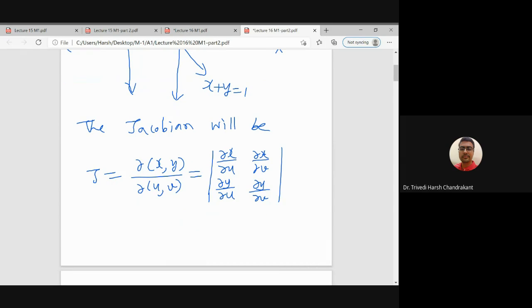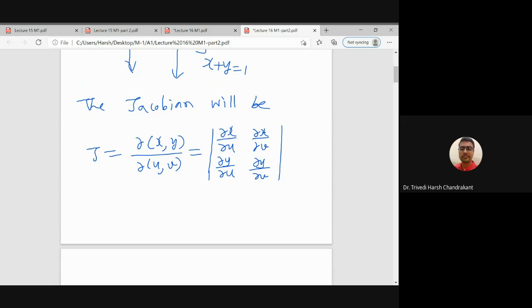So this is a 2 cross 2 matrix, and the determinant of A and A transpose is the same. So whether we take the x row, dx by du, dx by dv, row wise or column wise, it doesn't matter.